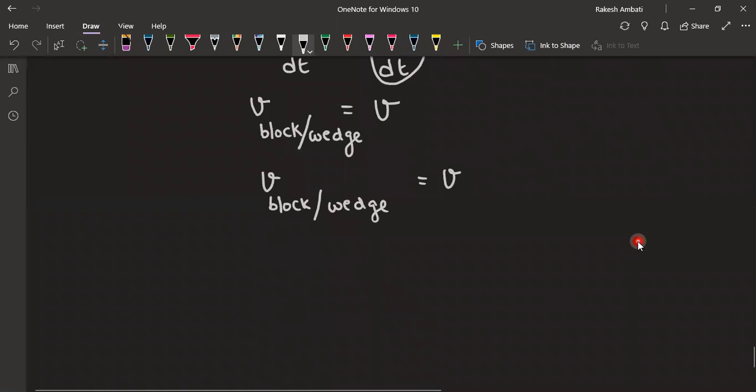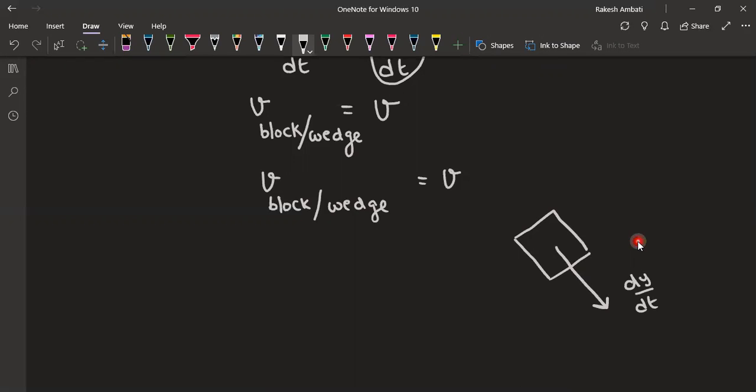So finally, this block is moving along the wedge. So it is dy by dt. This dy by dt is nothing but the velocity of the block with respect to the wedge, and this velocity we got as v.